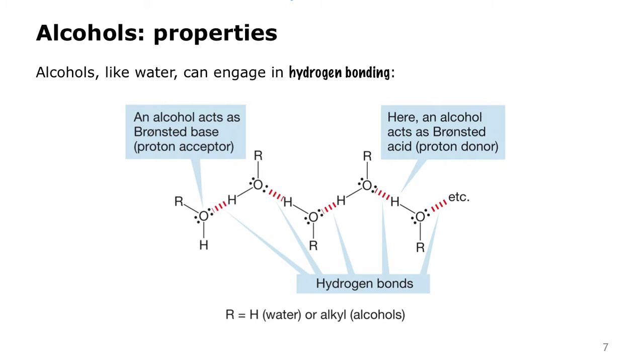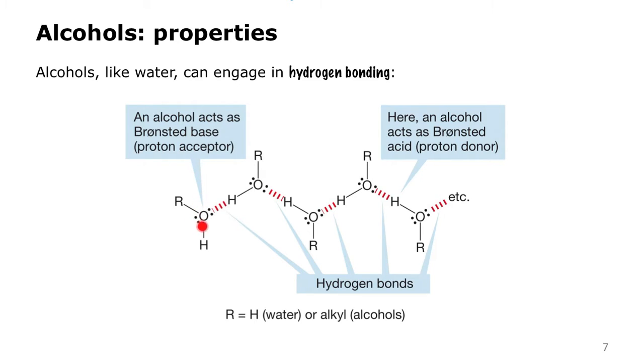But there are also polar oxygen-hydrogen bonds, and those polar oxygen-hydrogen bonds can give rise to hydrogen bonding, where the somewhat positive hydrogen of one alcohol is interacting with a lone pair of electrons on the oxygen of another, forming relatively strong intermolecular attractions known as hydrogen bonds.